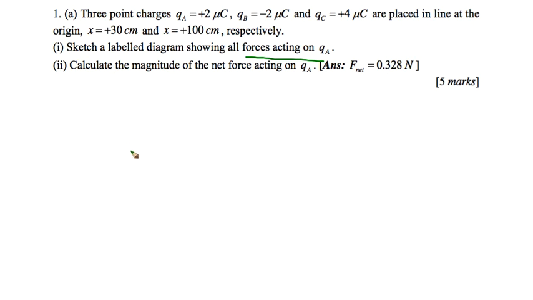So meaning you have a charge QA and you have the charge QB. QA is a positive 2 microcoulomb and the QB distance is 30 cm. This is negative 2 microcoulomb.